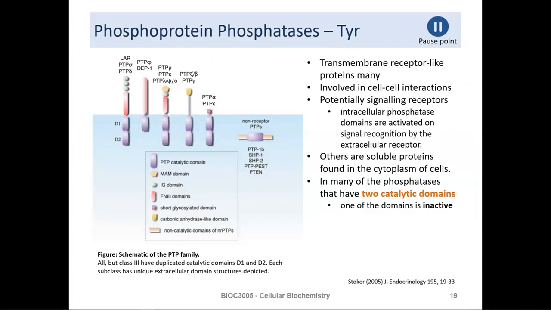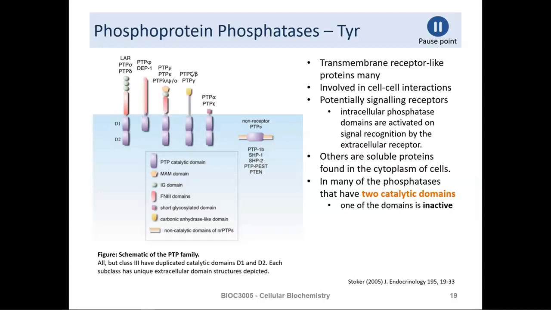The next type of phosphoprotein phosphatases we will be discussing are the tyrosine phosphatases. Many tyrosine phosphatases are transmembrane receptor-like proteins, which appear to be involved in cell-to-cell interactions. And these are potentially signaling receptors.